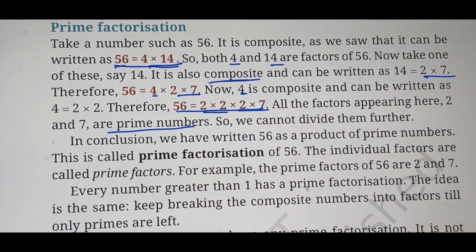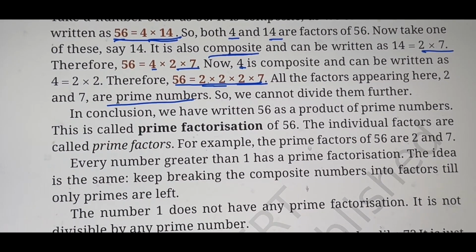It should be written as the product of all the prime factors of that particular number. This is prime factorization, right? So the individual factors are called prime factors. Here 2 is repeated, so we can say that the prime factors of 56 are 2 and 7, right? Every number greater than 1 has a prime factorization because 1 has only one factor.